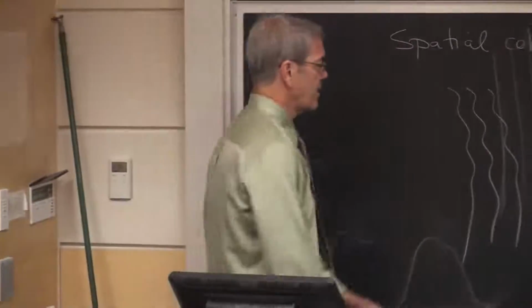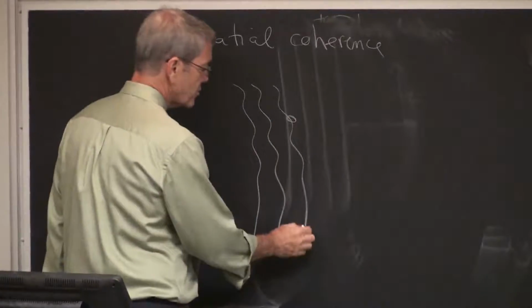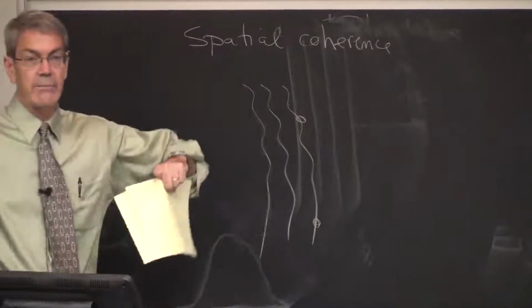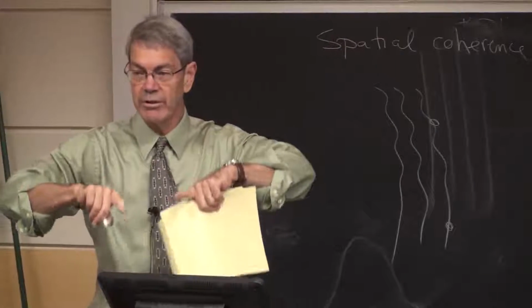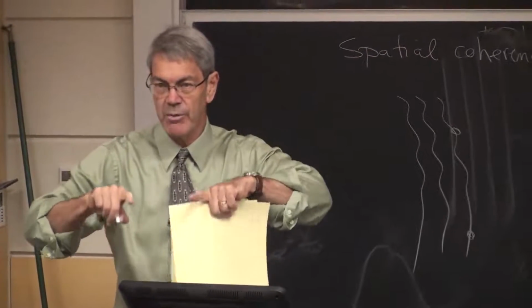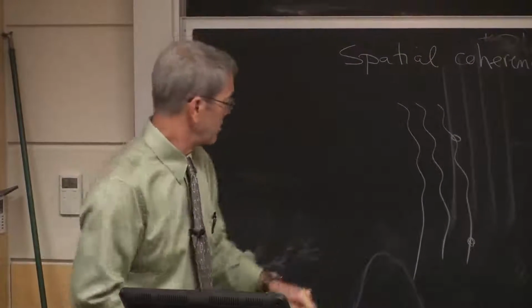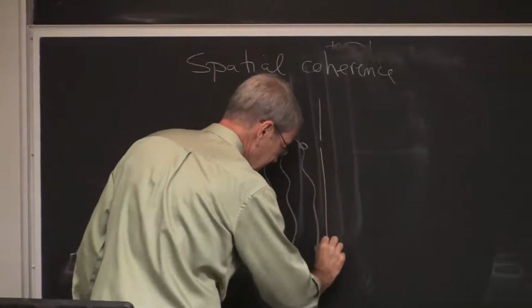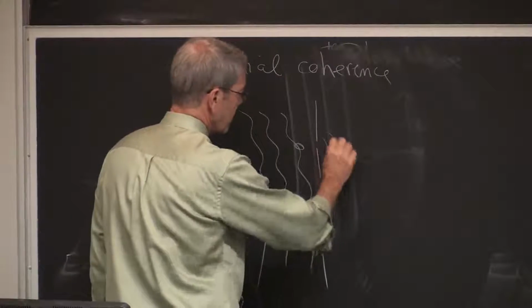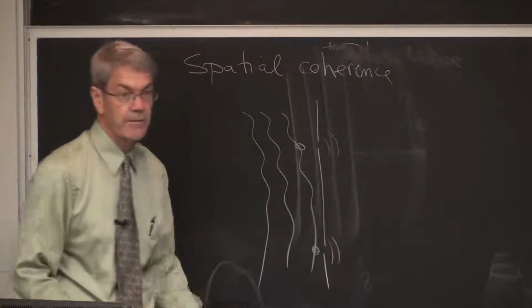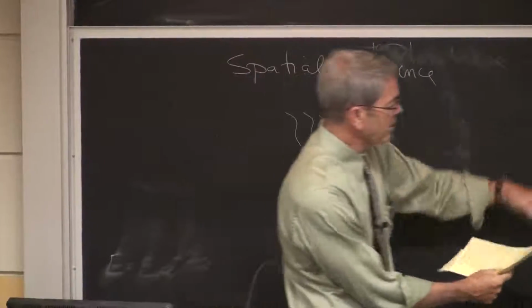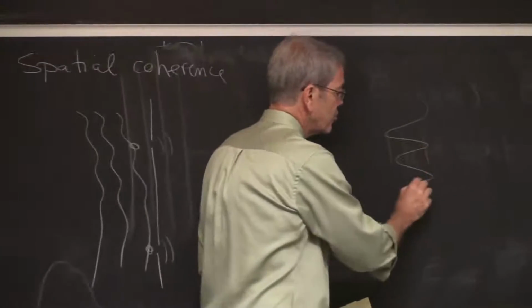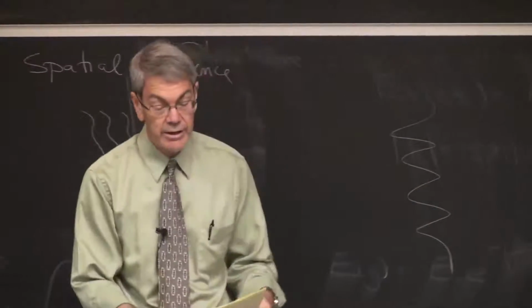If I can take two pieces of that wavefront and beat them together and see a stable interference, then I have spatial coherence. So, classic example, I'll just put two slits here. I'll put a slit and a slit. So now I've got light coming out of there and light coming out of there. If down here I see this very nice stable pattern, and stable means I look at it and it sits there.